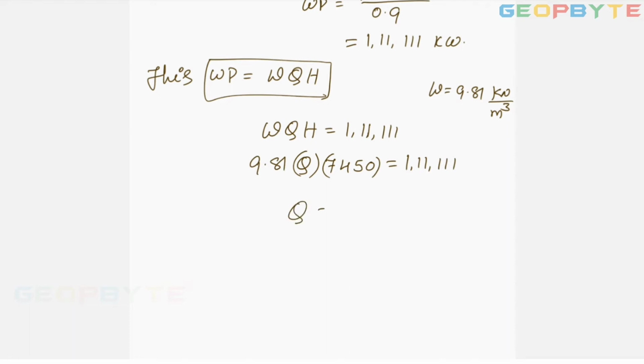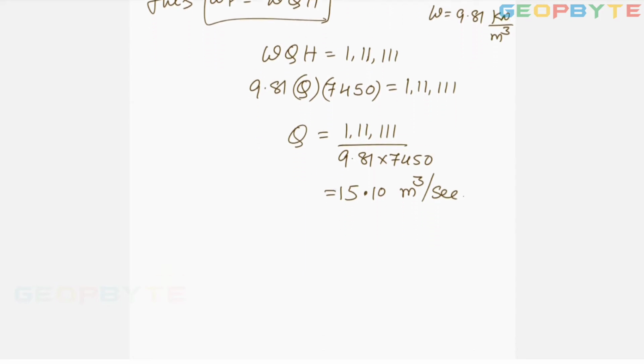From this you can find the discharge. 1,11,111 divided by 9.81 multiplied by 7450. Simplify this value for getting the discharge 15.10 meter cube per second.